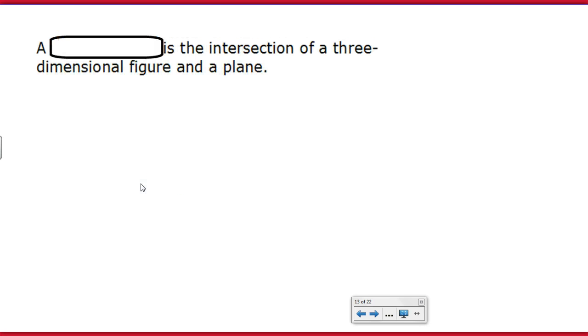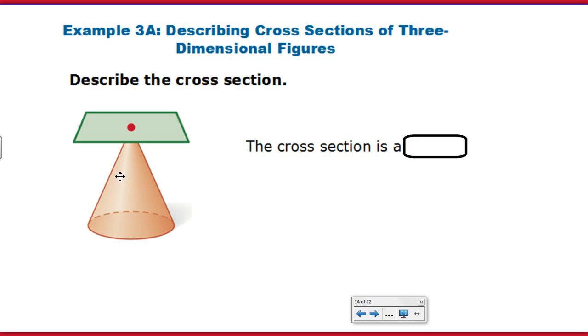The intersection of a three-dimensional figure, imagine a 3D figure, and a plane intersecting with it is known as a cross section. So here we have a cross section. And when we think about this plane cutting through this cone, the cross section here is a point.